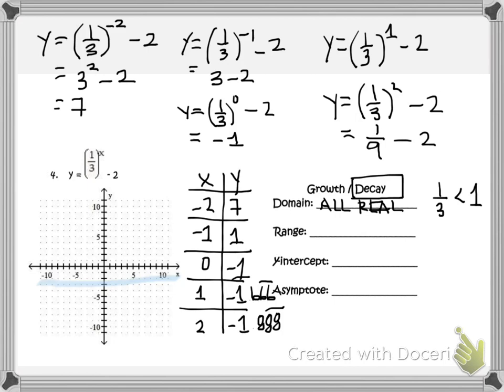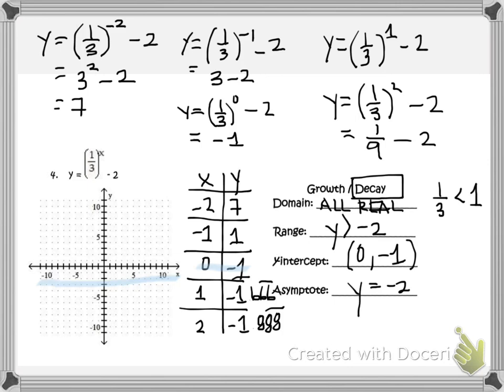You don't have to draw that line. It's not necessary. Just know that it just gets closer and closer to that value, but never touches it. So your asymptote is y equals -2. So that means your range is going to be all values greater than -2. You found your y-intercept right there. So your y-intercept is (0, -1).